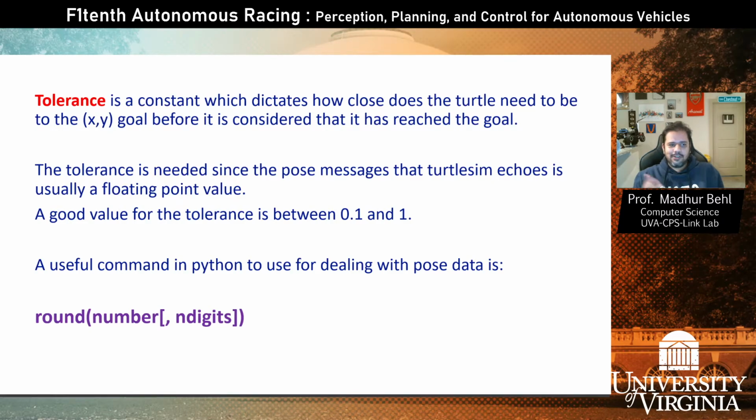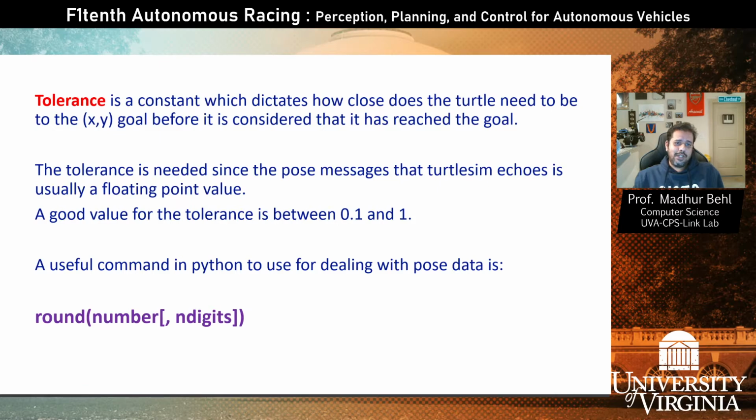Like I said, tolerance is needed, as the slide says, because the pose of the turtle is a floating point value. And one thing that will be super useful as you write this ROS node is to round all the information to some exact number of significant digits or decimal places.